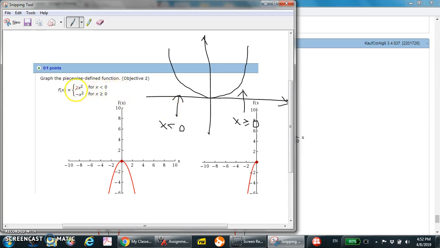According to this transformation, we multiply the equation of this piece by 2. This is a vertical stretching. So the result is we're going to stretch the left curve up, so it will become something like this.